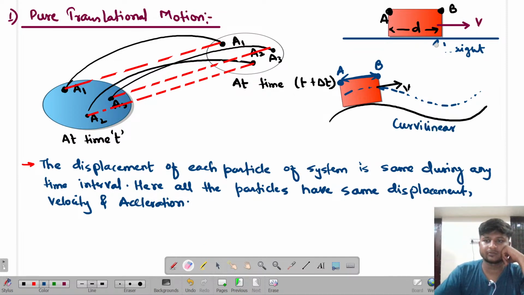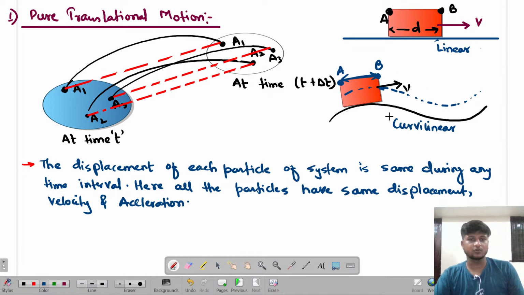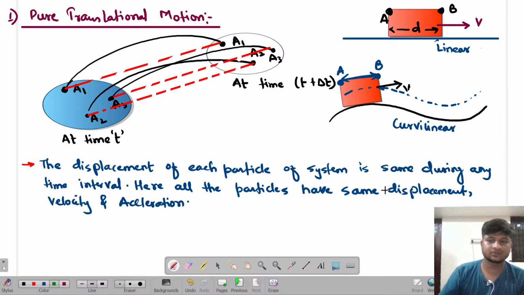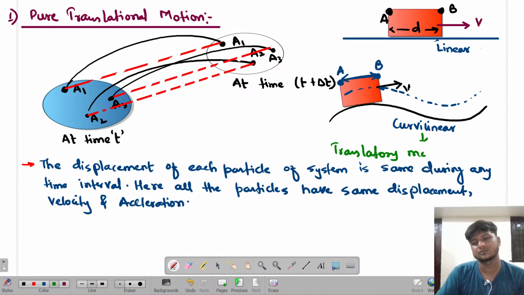Let's write the proper name, linear, basically. So whether I select a linear path or a curvilinear path, the distance between these two particles remains the same. So these two ideas of linear motion and curvilinear motion are also called translatory motion. Because here also the displacement between the particles never changes.